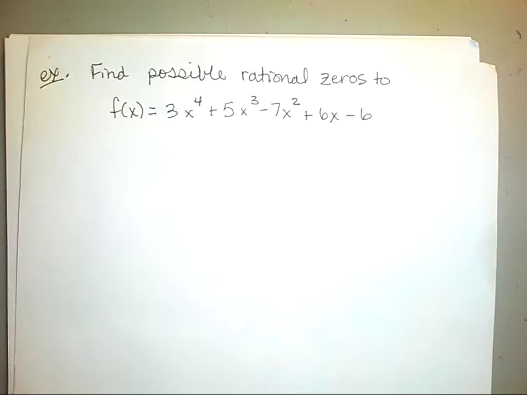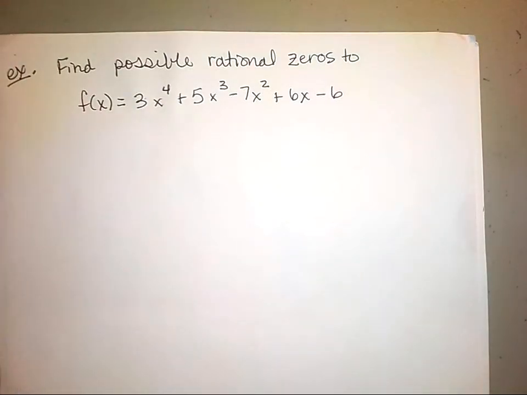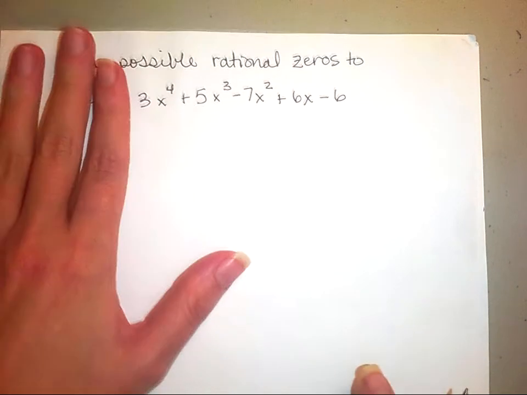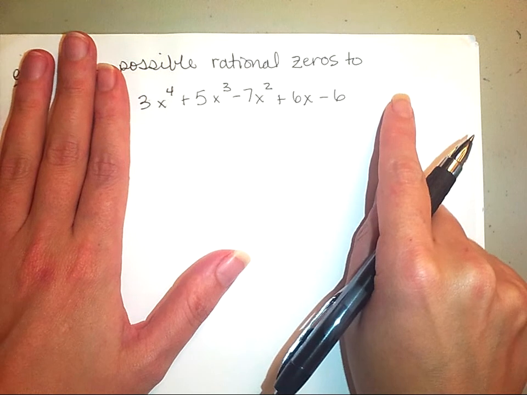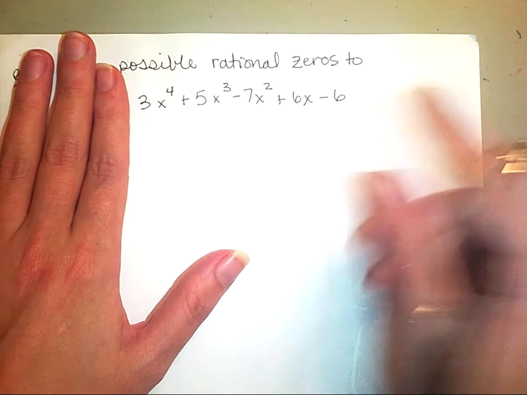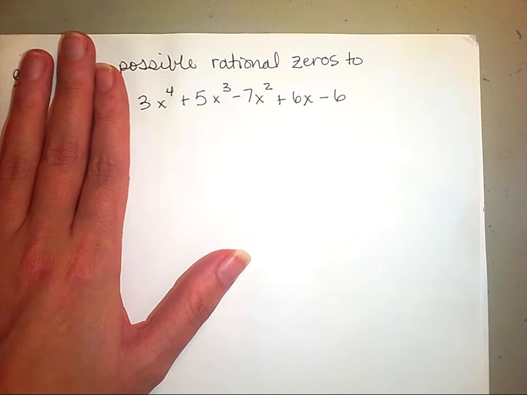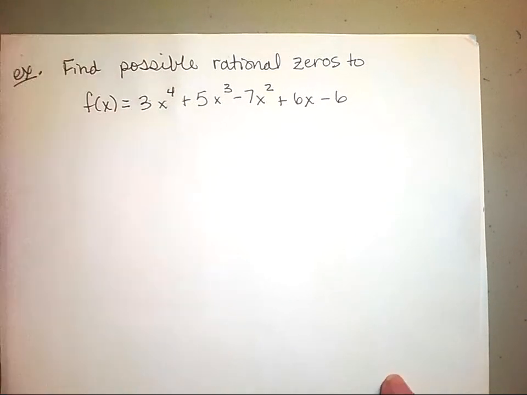We do not have any techniques at all. If we wanted to find the zeros of this by setting it equal to 0, we don't have any techniques that will help us solve this. We can't factor it. There's not a u substitution. There's just no way that we have it. So this is where the rational zeros will come in. So I'm thinking, well, what could we do?